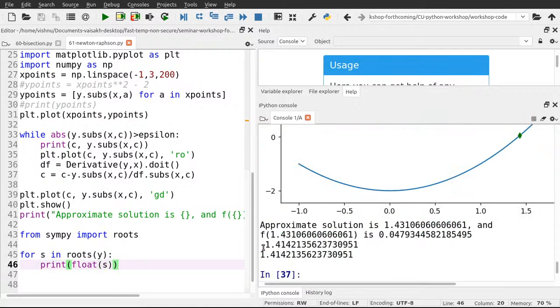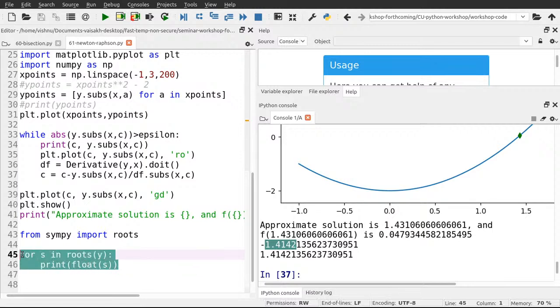So you will get the solutions minus 1.414 and 1.414. Previously, by the Newton-Raphson method, we got the solution 1.43. Here we are getting 1.414. So this roots function can be used for finding the roots directly.